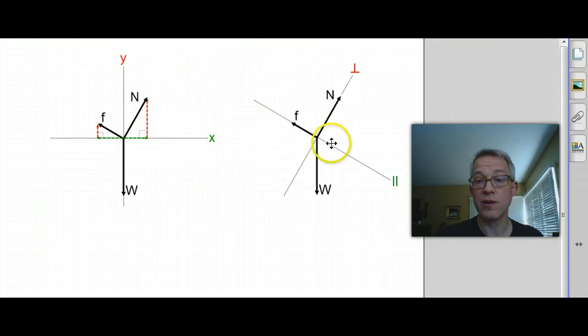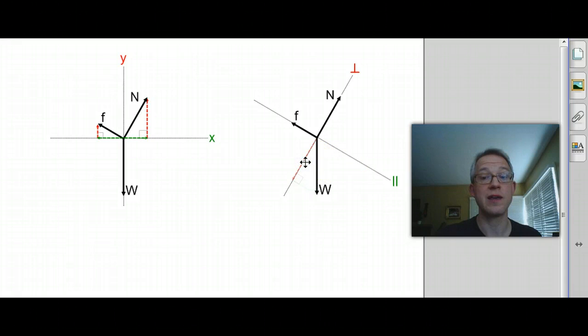Now, if we go over here and we rotate our axes, in this frame of reference, we have a perpendicular axis and a parallel axis. Notice that the normal force is already on the perpendicular axis, the friction is on the parallel axis, and it's only the weight force that we have to worry about.